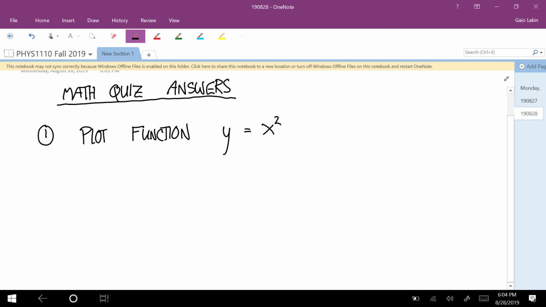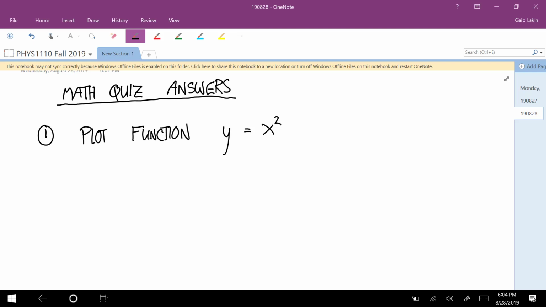This is a really important function in physics because anytime you have constant acceleration, which comes up pretty often in this class, a position versus time graph is a form of this.